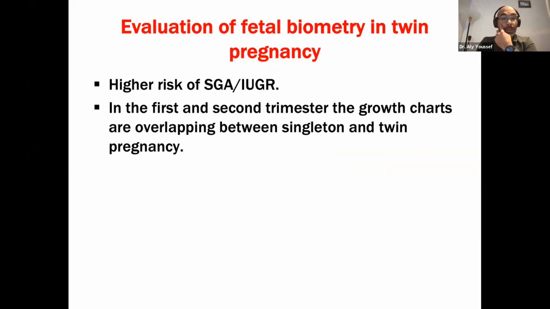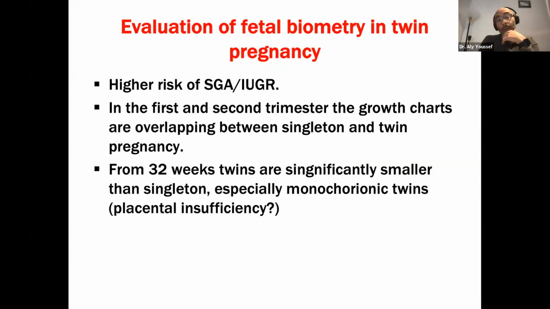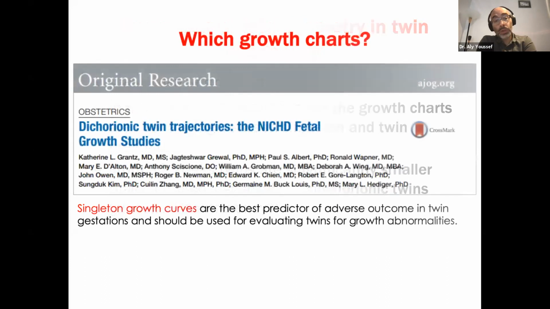In the first and the second trimester, the growth of singleton and twin pregnancies are usually overlapping, whereas in the third trimester, from 30 to 32 weeks, there is a clear difference between the growth of twins and singleton pregnancies. So this raises the question of which growth chart we should use. We know that twins grow less in the third trimester. So shall we use the singleton charts or the twin charts?